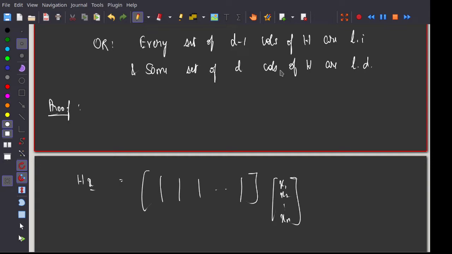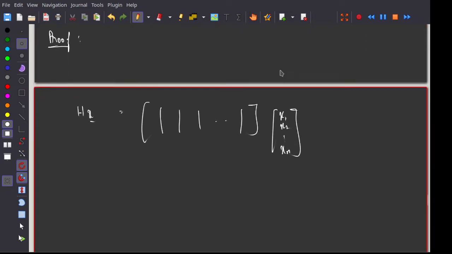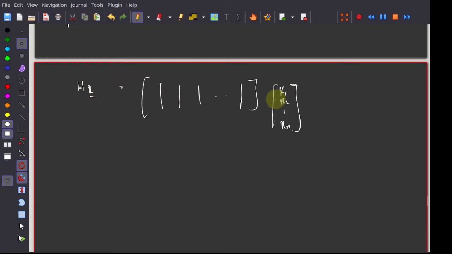So what does this in particular say? I can find d columns and some linear combination of these d columns which gives you the zero vector, right? So again, looking at this particular view, it means that there is some assignment of x1, x2 up to xn, and you're taking a linear combination of only d columns, and you're not picking any of the other n minus d columns, right?